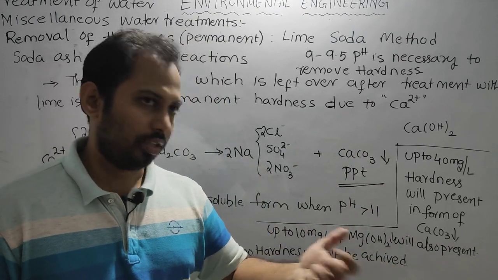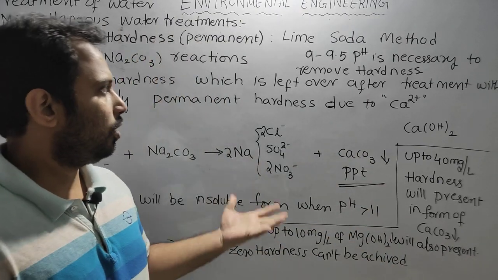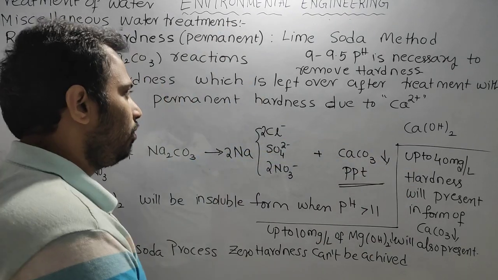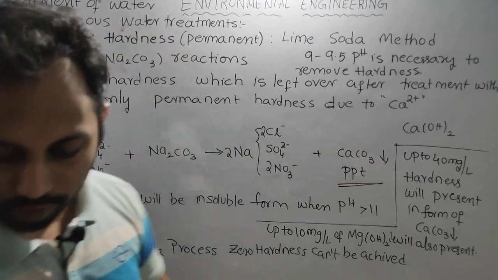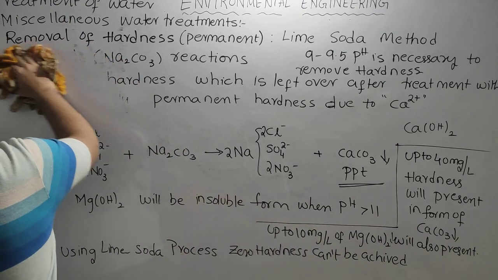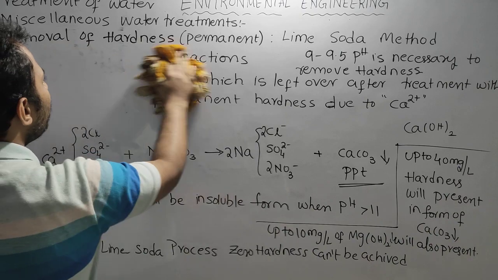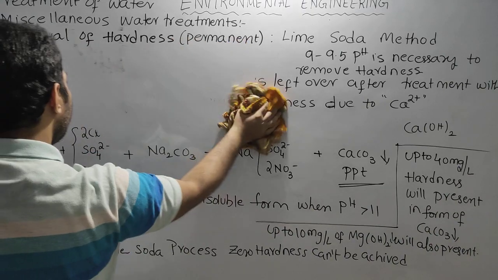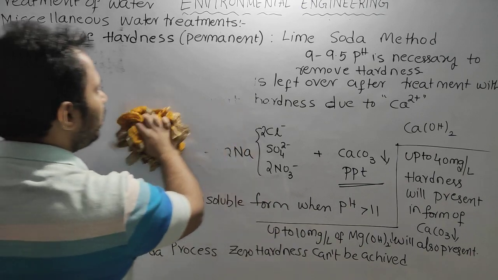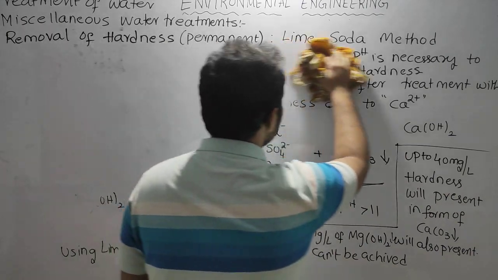Precipitate means what? Sludge. So if you look at all the reactions, so far we have seen for removing temporary and permanent hardness, everywhere it is being removed either by Mg(OH)2 or by CaCO3. Majority is CaCO3. So all this precipitate is nothing but sludge.